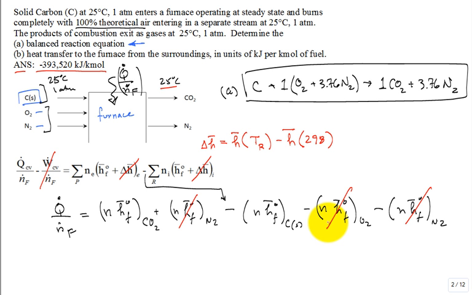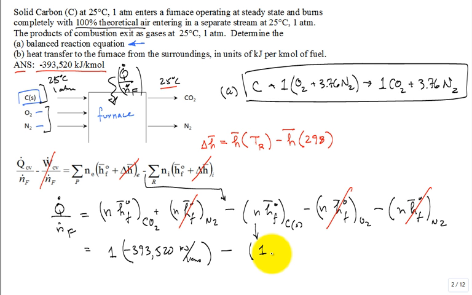All right. So all we have to do now is put in our stoichiometric coefficient for the CO2. It's 1. Then the enthalpy of formation, negative 393,520 kilojoules per kilomole. And then we have minus stoichiometric coefficient for the carbon, 1. And then the enthalpy of formation for the solid carbon. Well, guess what?